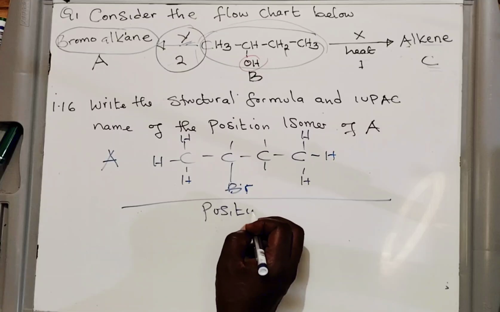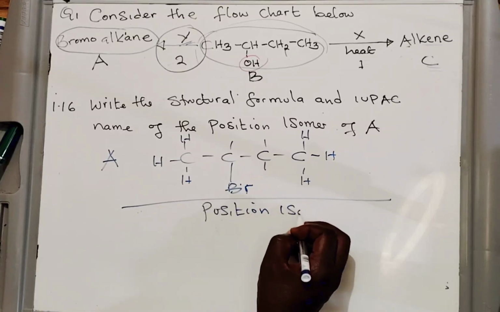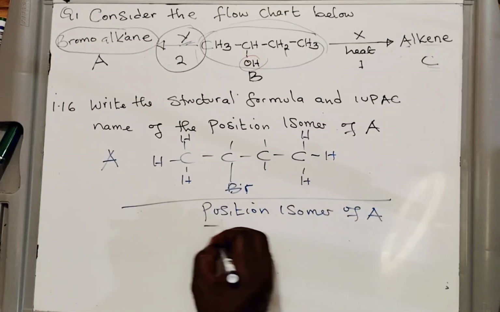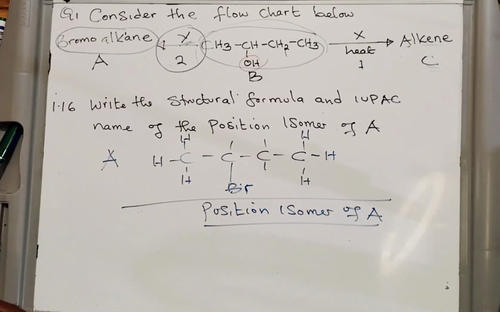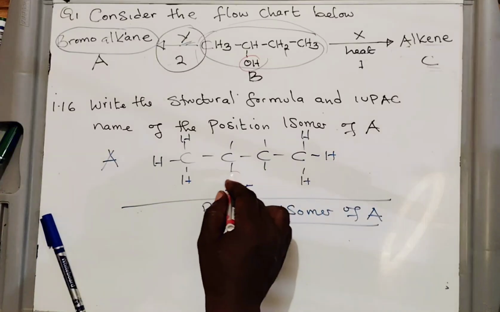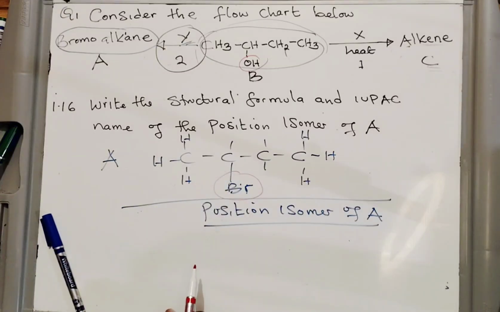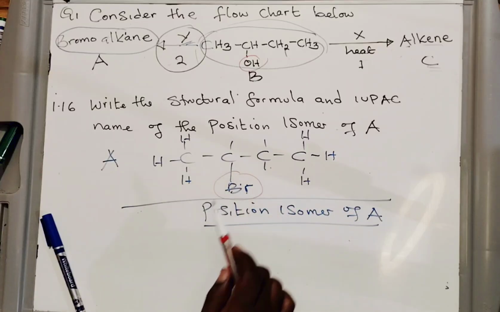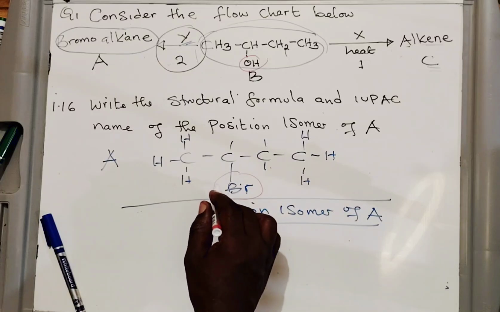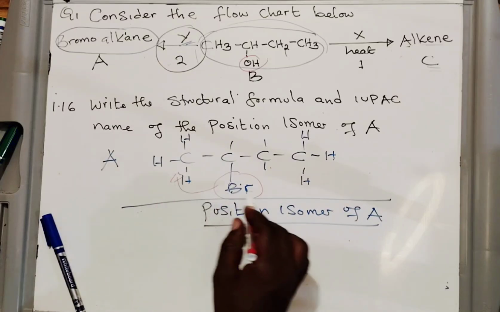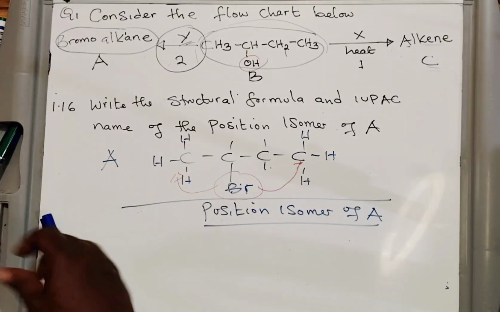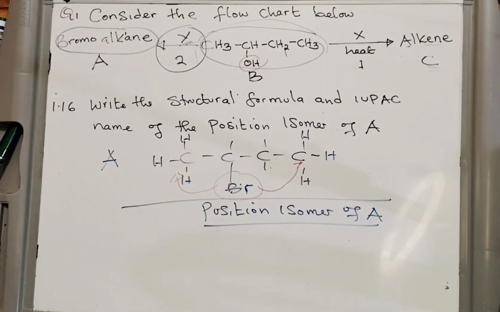Position isomer of A. How do you do that? It is the bromine which is going to change the position. Now you have to remember that when bromine is put here, you have not changed anything. So bromine can go here or can go there. Okay, both will give the same answer.